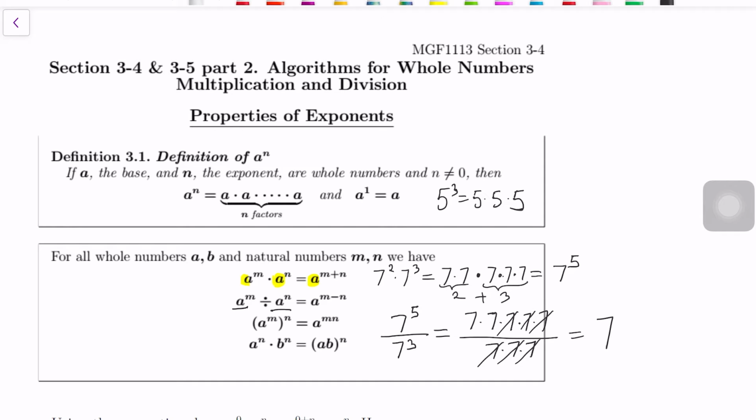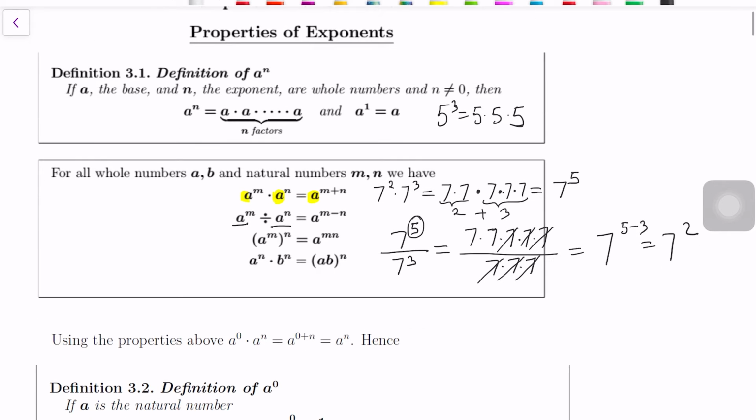So instead of 5, I have 3 less than 5. I have 2. 7 squared. Because again, I need to take away those 3 factors of 7, because they get cancelled, right? So I end up with 7 to the power 2. So that's a difference of the powers.